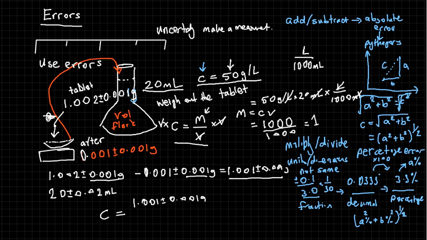And we know from up here that the equation is C equals M over V, and so if we're going to calculate this, we go the mass, which is 1.001 plus or minus 0.001 grams, divided by 20 plus or minus 0.02 mils.